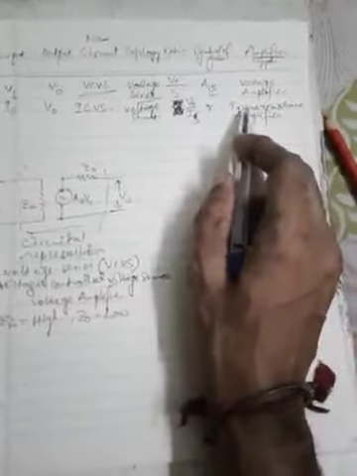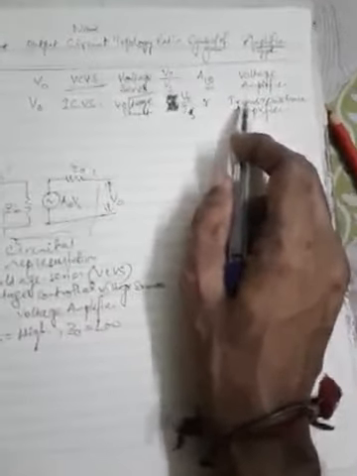The trans name should be given to those amplifiers where one parameter is from the output side and another from the input side, whether it is voltage or current. If it is output voltage, then input current. If it is output current, then it is input voltage.